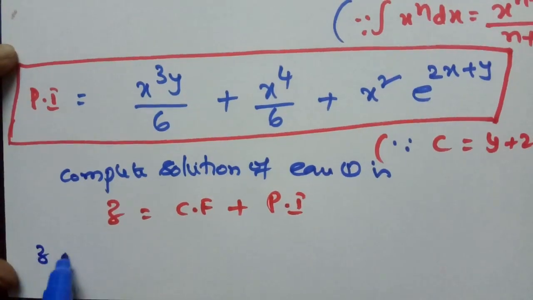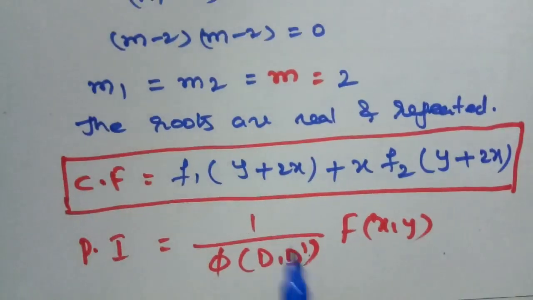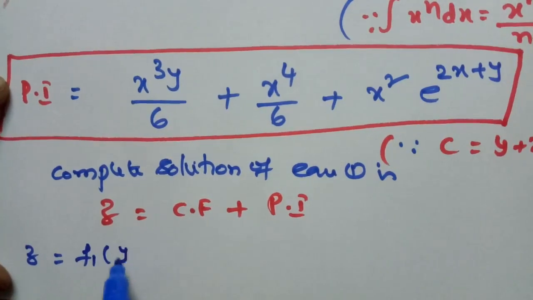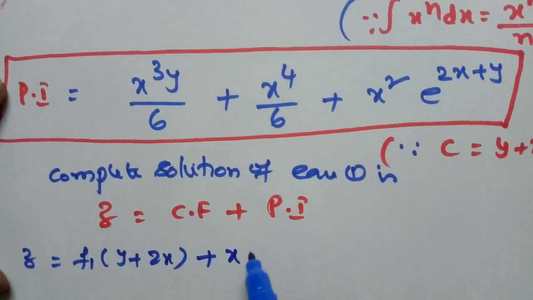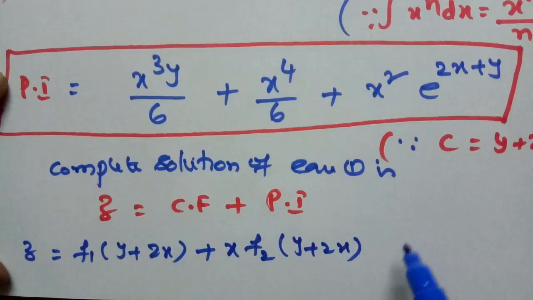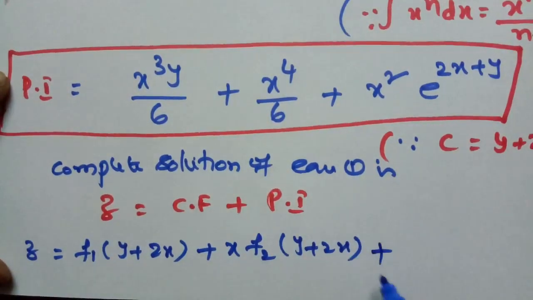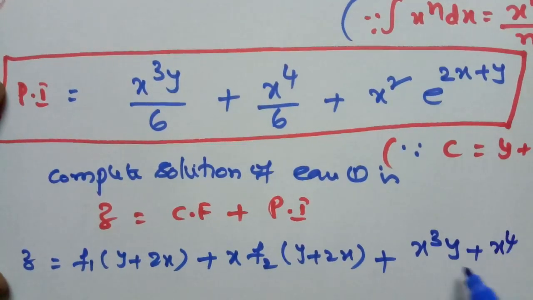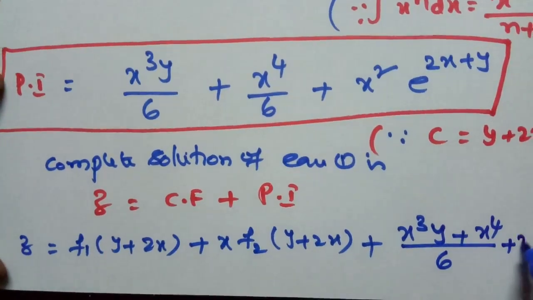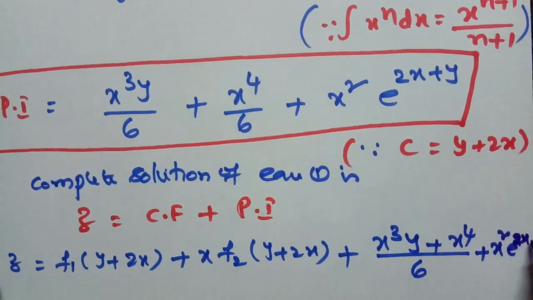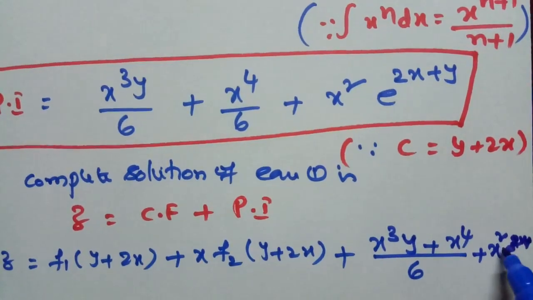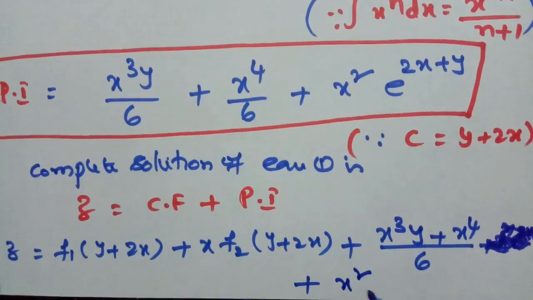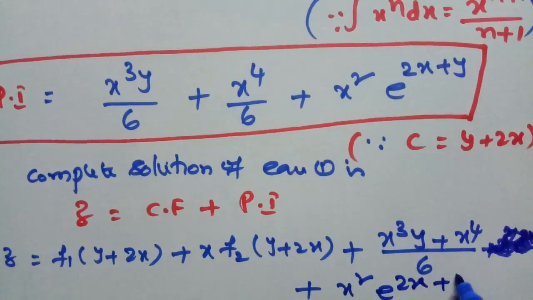Therefore, z is equal to the complementary function, which is f1 of y plus 2x plus x into f2 of y plus 2x, plus particular integral, x cube into y by 6 plus x power 4 by 6 plus x square into e power 2x plus y.